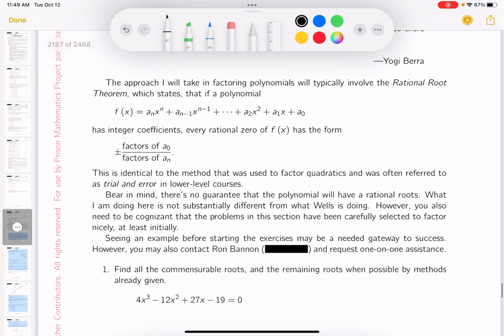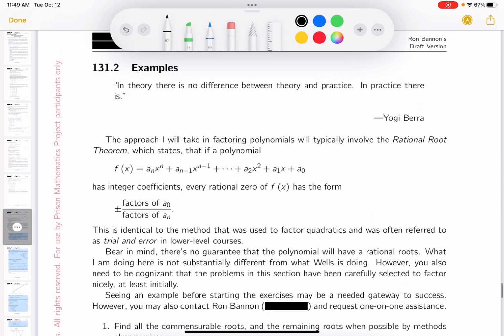Now in the beginning, I try to summarize the rational root theorem. Again, we have a polynomial of this form over here, integer coefficients. And then it goes on to say every rational zero of x has this form over here.